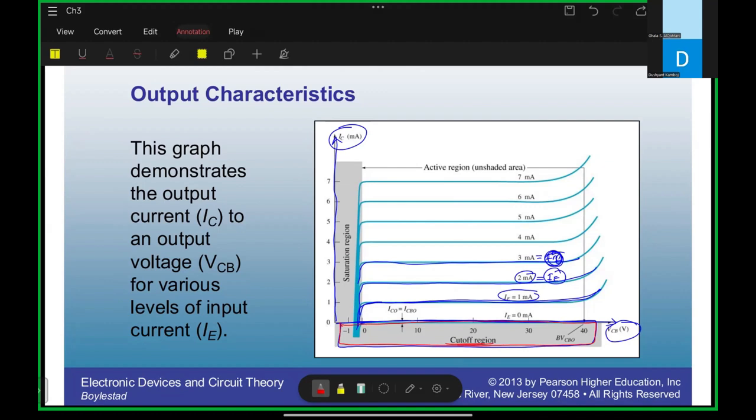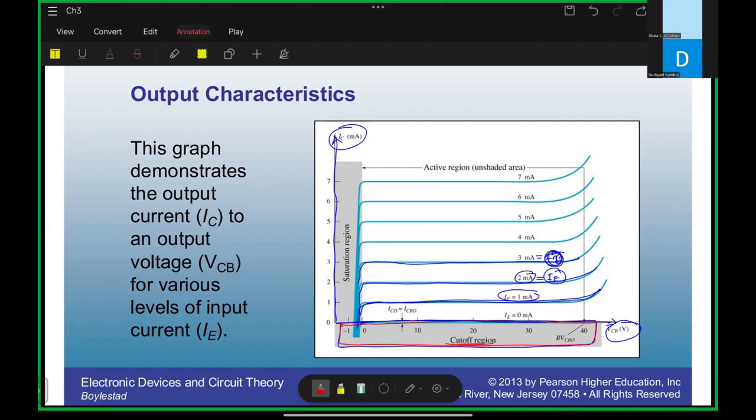Inside the reverse bias, no current will flow. So this is the cutoff region.